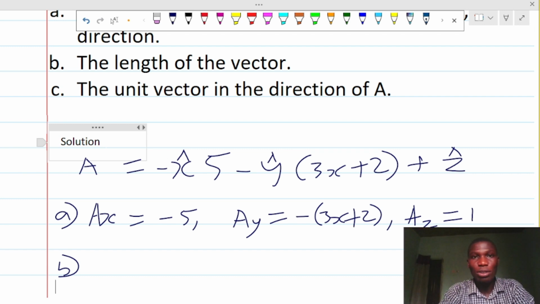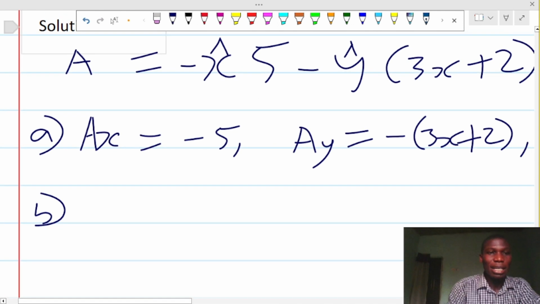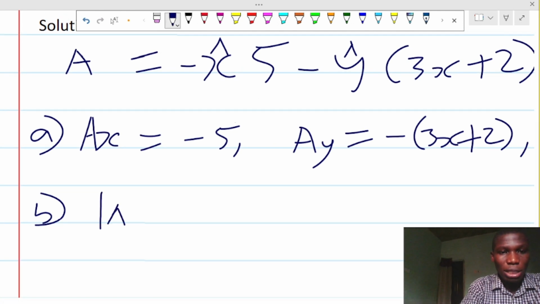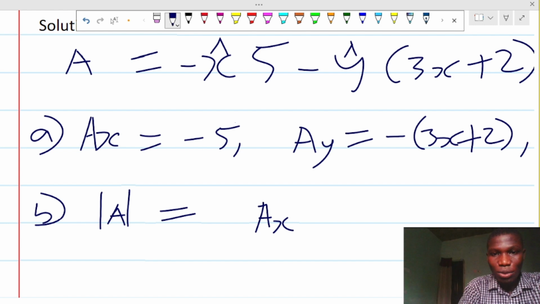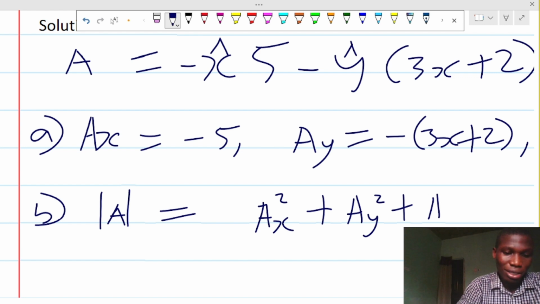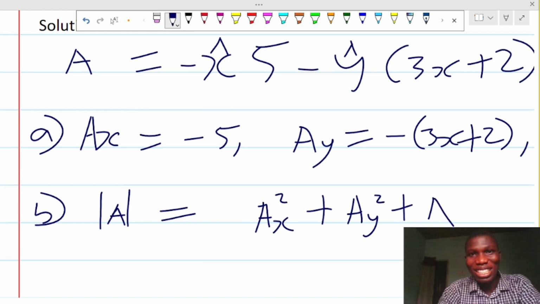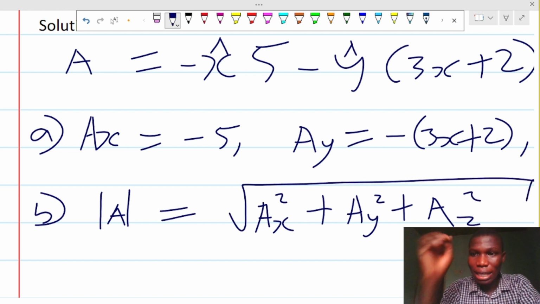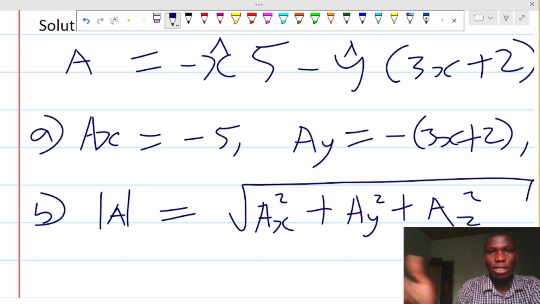For magnitude, we have the formula: magnitude of a equals the square root of ax squared plus ay squared plus az squared. All this is correct.